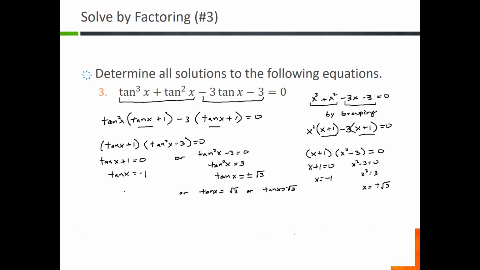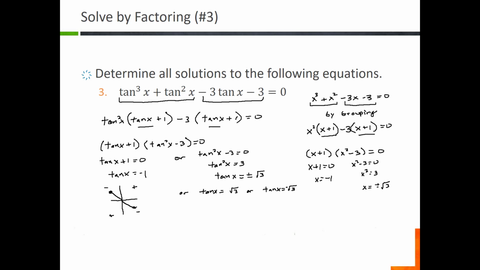So let's go back to tangent of x equals negative 1. So we know tangent is positive in the first and the third quadrant, and it's negative in the second and the fourth. So we need an angle in the second and the fourth quadrant. And we know that since tangent is equal to 1, it's equal to y over x.